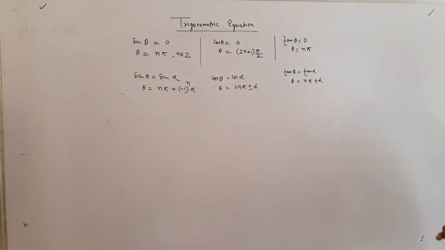All this we have done in the previous video. You can watch that video to understand. Otherwise I have just put the result here. However, how we got this result was properly derived in the previous video.